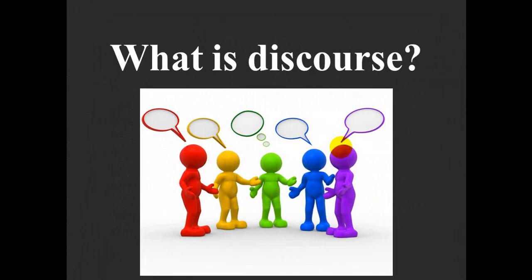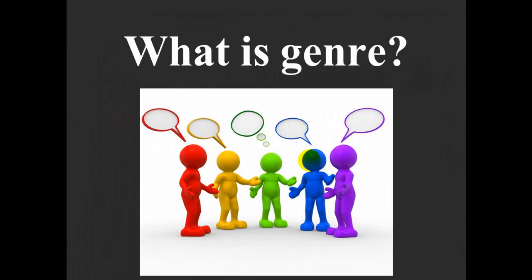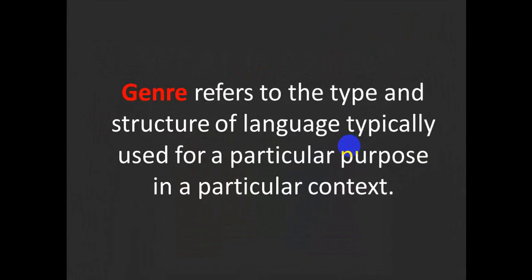So, what is discourse? This is a special question we should answer. Discourse is the use of language, both written and spoken. So what is genre? Genre refers to the type and structure of language typically used for a particular purpose in a particular context.